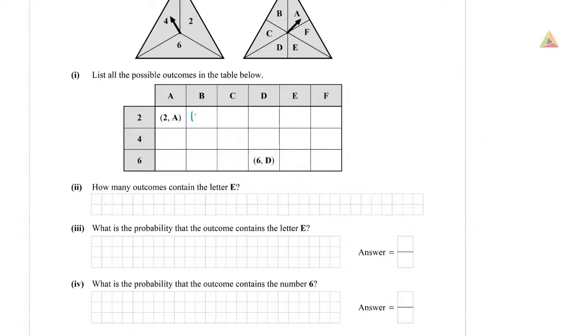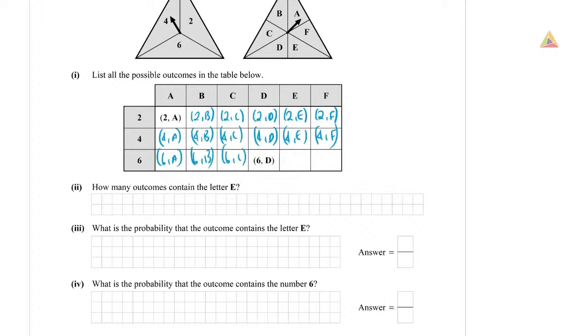So 2 and A, the next one will be 2 and B. The next one after that will be 2 and C. The next one will be 2 and D, 2 and E, and 2 and F. So the next ones after that will be 4 and A, 4 and B, 4 and C, 4 and D, 4 and E, 4 and F. Then we have 6, so 6 and A, 6 and B, 6 and C, 6 and D is done, 6 and E, and 6 and F. So that's for part 1.